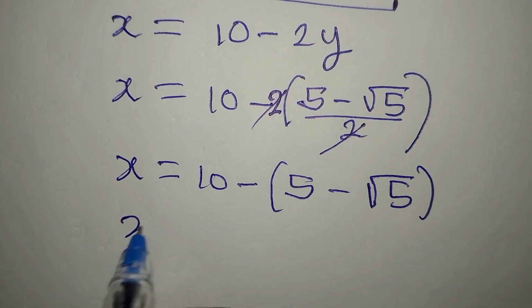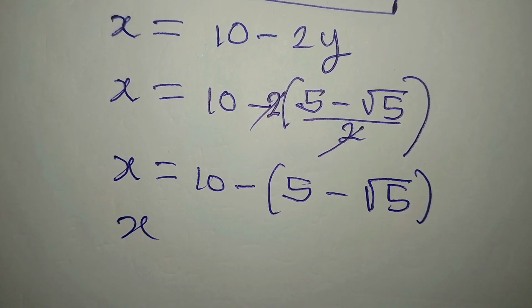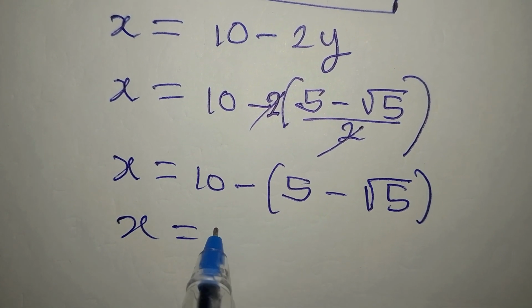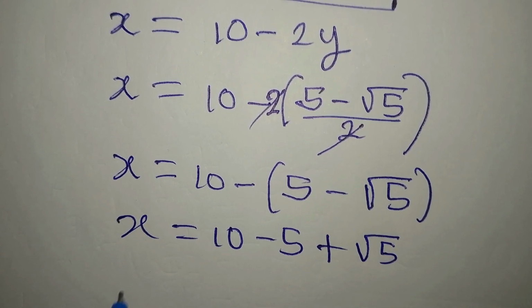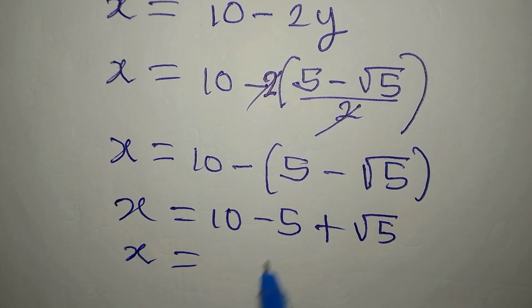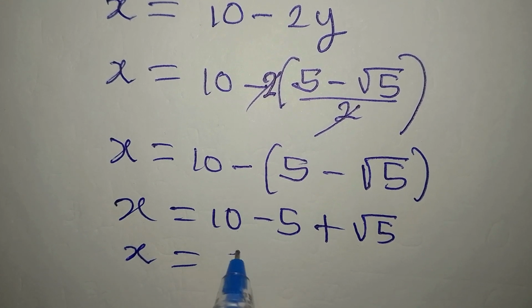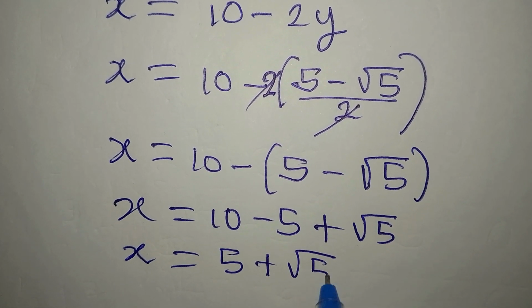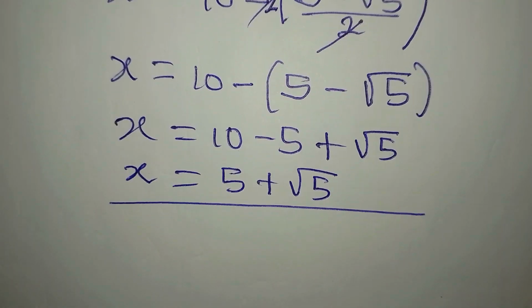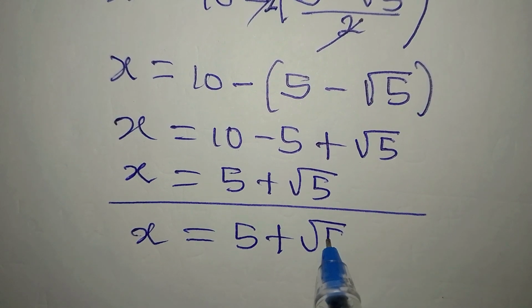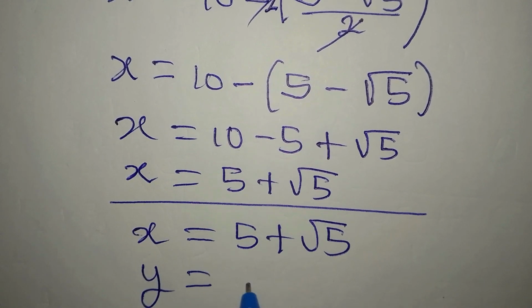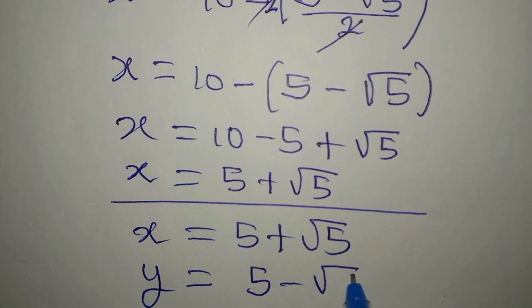So our x will now be equal to 10 minus 5 plus root 5. So our x is 10 minus 5, which is 5, then plus root 5. So we are saying that when x equals 5 plus root 5, y equals 5 minus root 5 over 2.